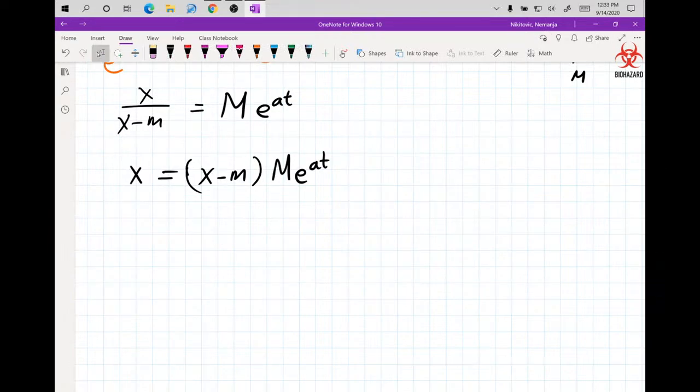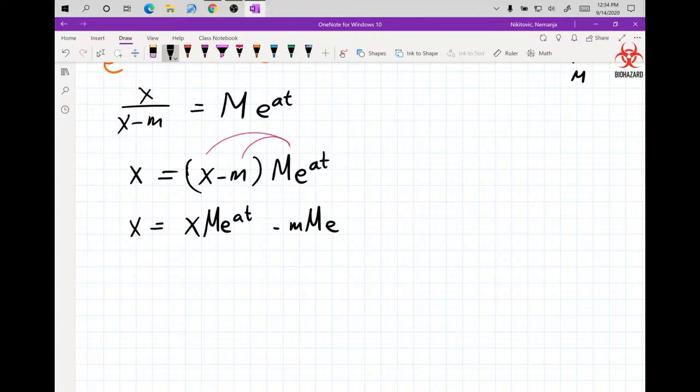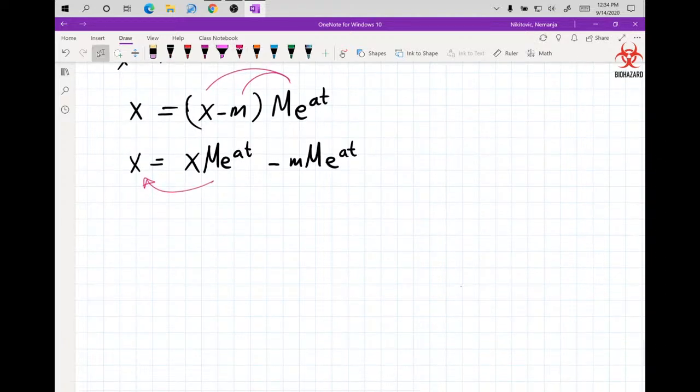And we are going to now distribute meat into both of these. So x equals x meat minus m meat. And now we are going to move this one to this side so we can factor x's.